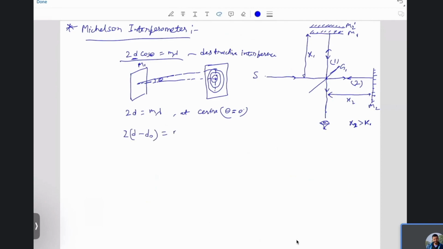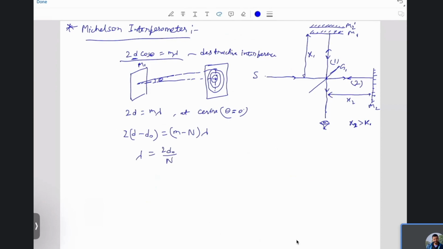Suppose, by doing that, n number of fringes will appear or collapse, and hence from these two equations you will get this condition.